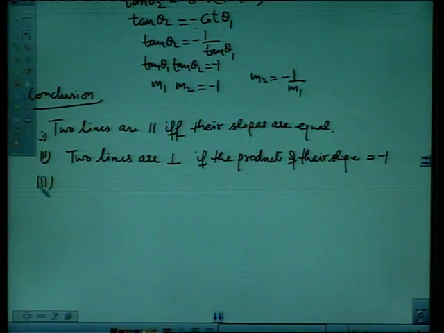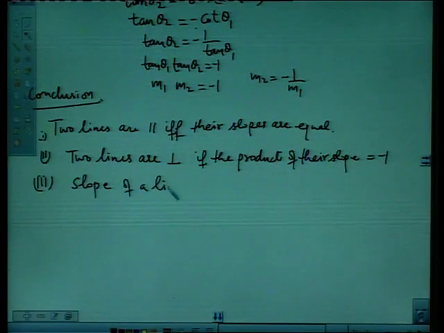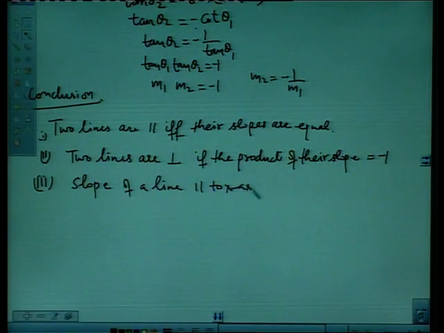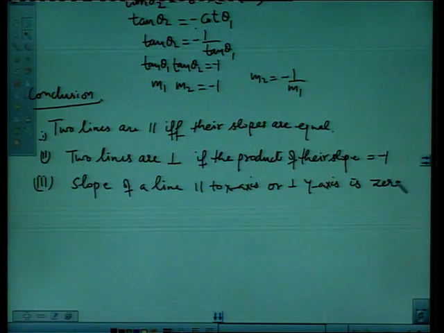Number 3, slope of a line parallel to x axis or perpendicular to y axis is 0.